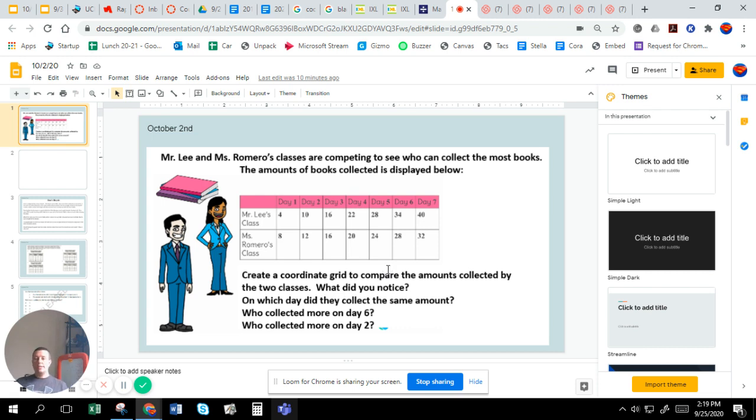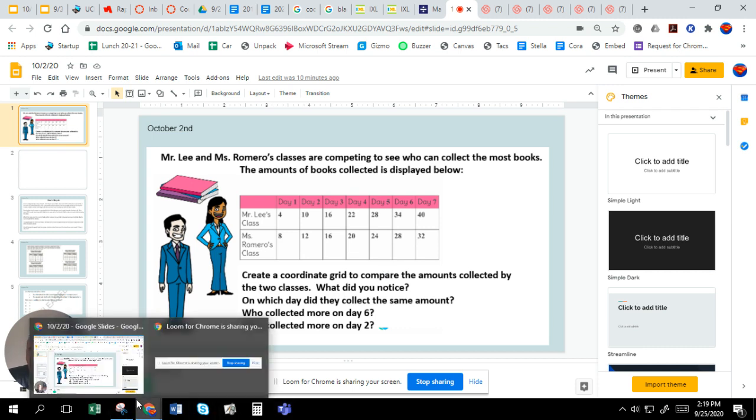For today, when you're taking a look, generally speaking, when we make 2 graphs, 2 lines, think about what they did with it. So this is one set of data from Mr. Lee, and this is one different set of data from Miss Romero. If they don't have anything to do with each other, then those aren't the numbers you're using to build your ordered pairs. A lot of the times when we do these types of problems where you're building ordered pairs, you're building it, comparing it to some third set.